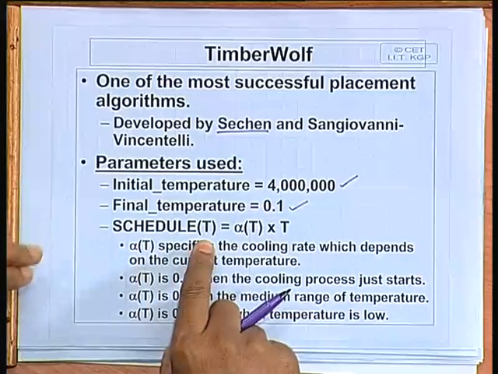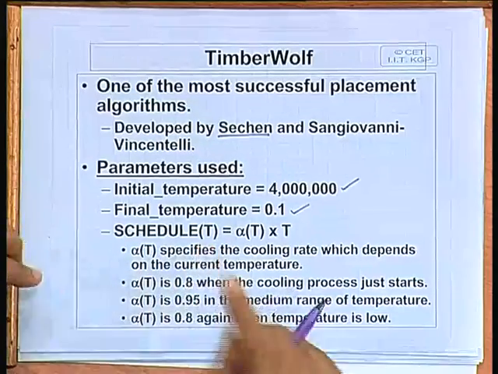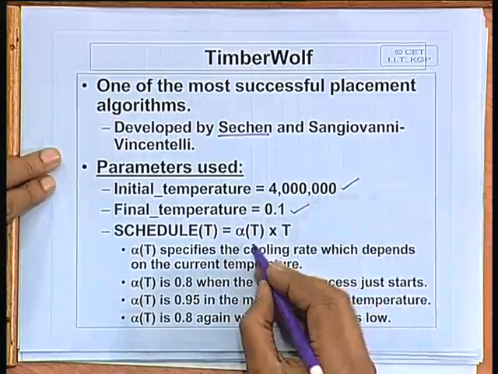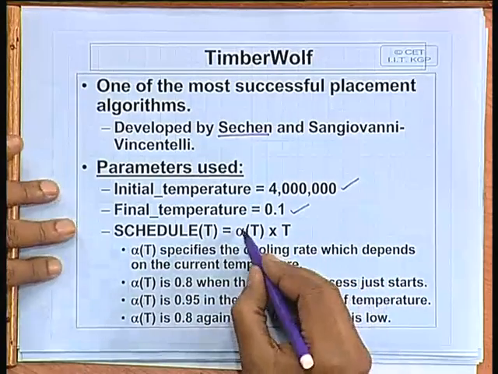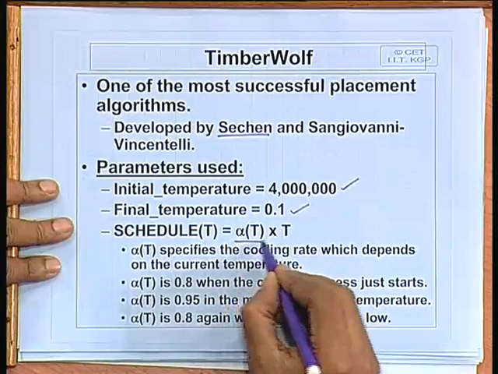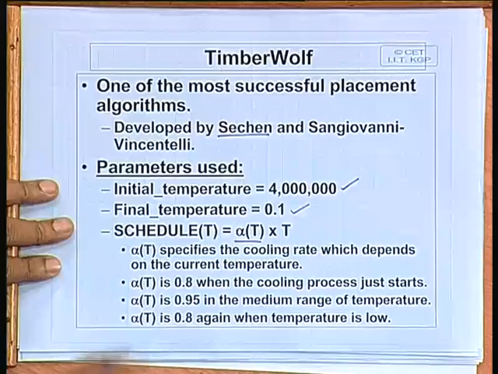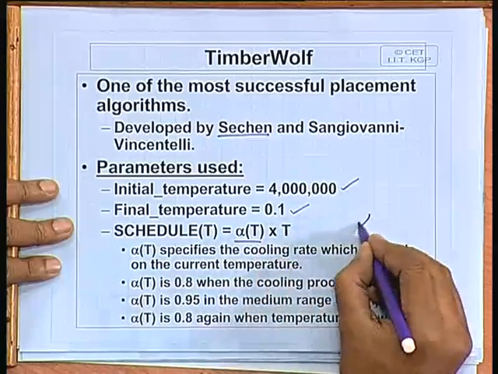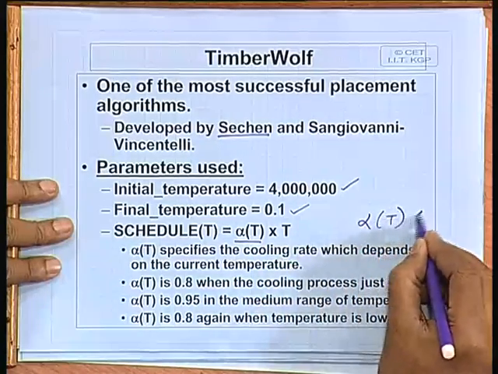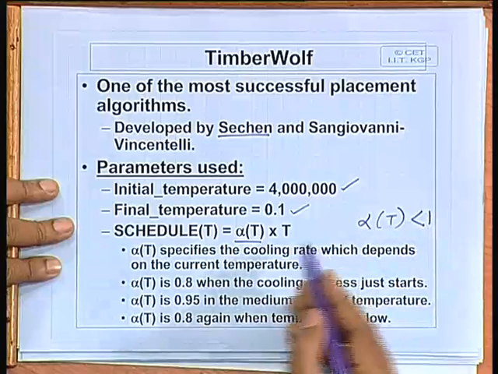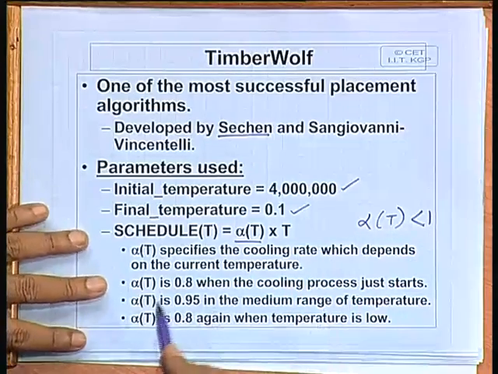And the schedule function using which the temperature was brought down was not defined as a linear function. It was some function alpha t multiplied by the temperature. Alpha t is a number which is less than 1, but the way it was selected is like this.